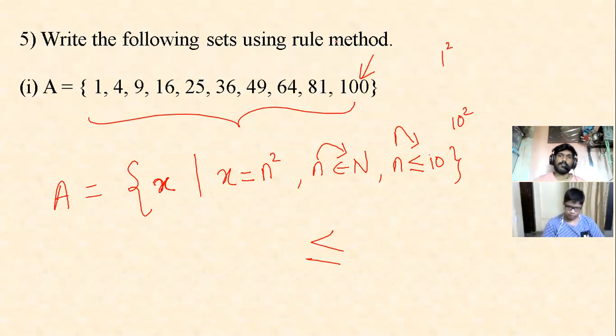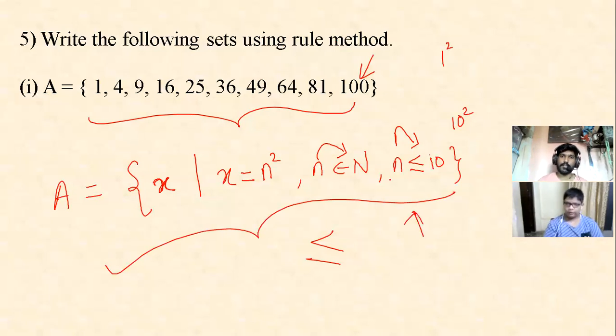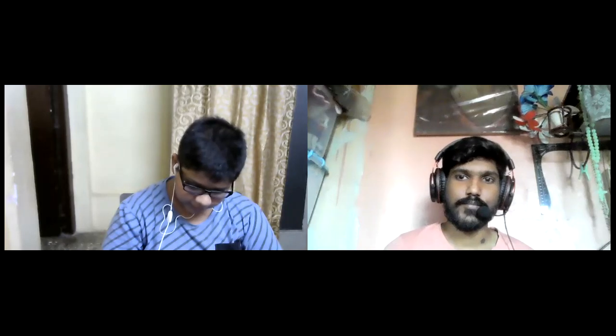Done? I have to write this in word form, right? No, no, you have to write it in this form. Can you just lift your book to the camera and show me how you have written?